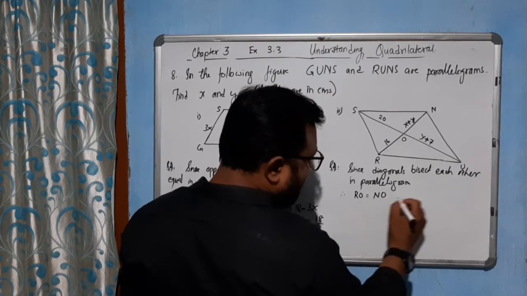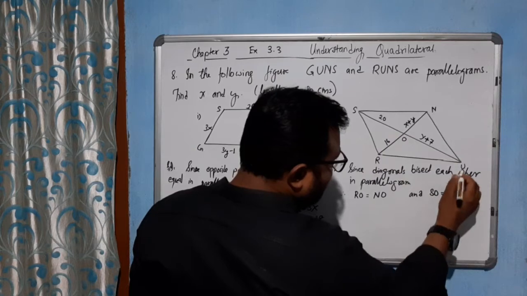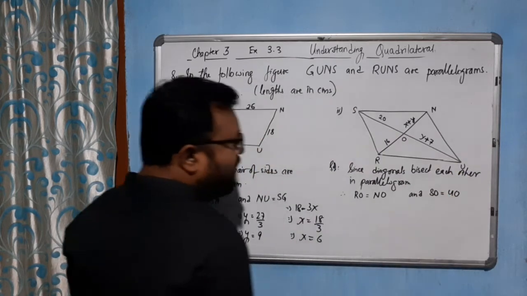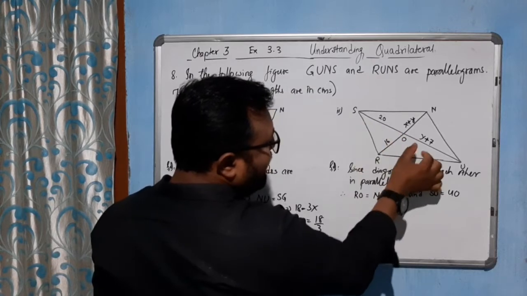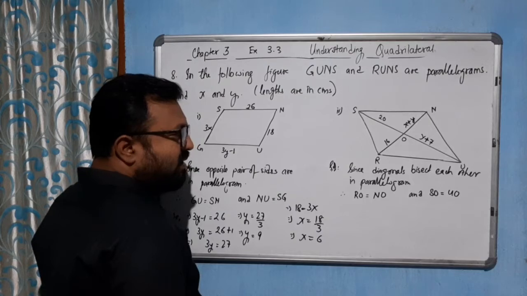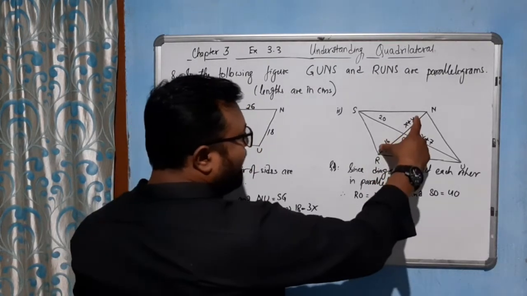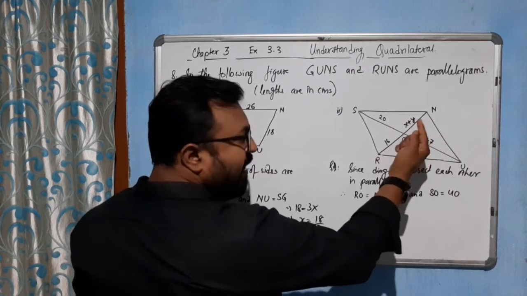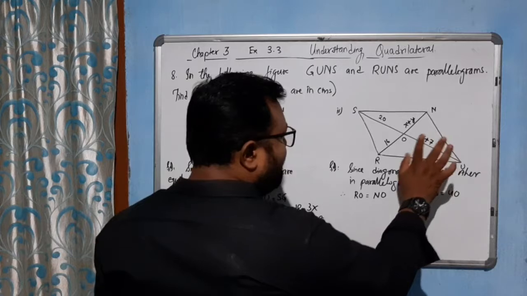NO. Okay, and SO equal to how much? UO. So first we need to find the value of SO and UO, meaning y, because x and y both are unknown variables. We don't have the value of x and y, so we can't find x and y right away in this case. First we need to find the value of y, then we will put the value of y here, and then we can find the value of x. So what we will do? First we will do this one.